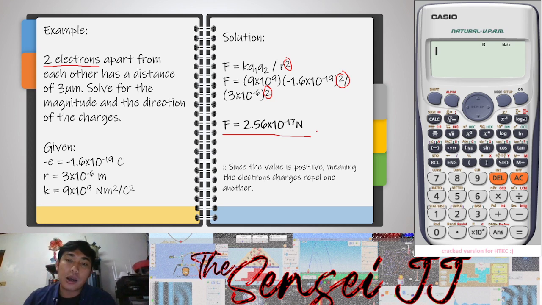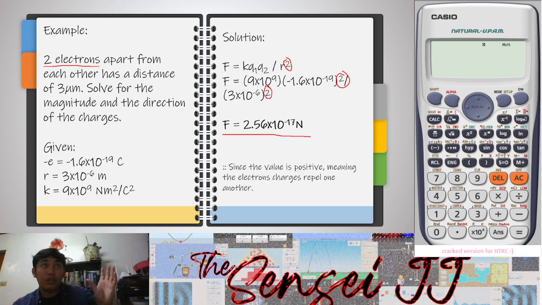Okay, so since the value is positive, meaning the electron charges repel one another. How will you say that they repel one another, sir? If it is a positive force, meaning there is a repel action from the two charges. If there is a negative value, meaning there is an attraction, because negative multiplied by a positive will be negative, meaning there is an attraction to each other.